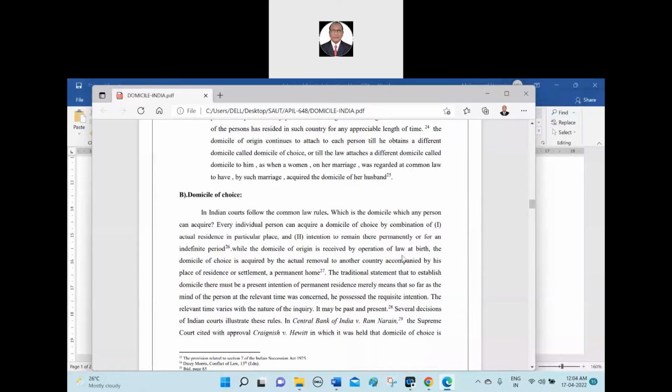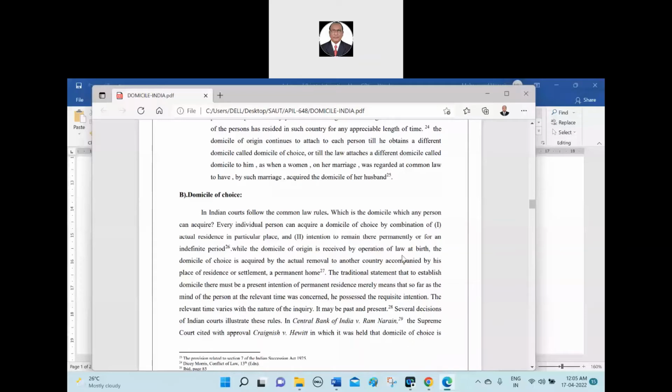The traditional statement that to establish domicile there must be a present intention of permanent residence merely means that, so far as the mind of a person at the relevant time was concerned, he possesses the requisite intention. So intention is a very important factor.